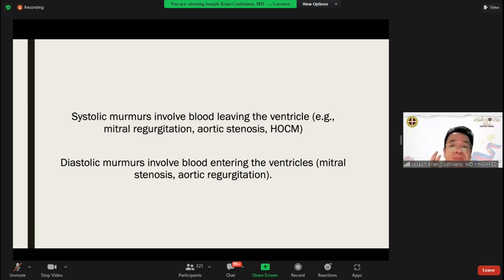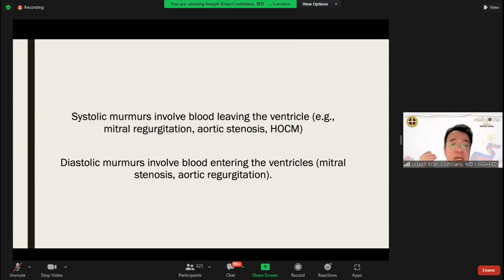So your systolic murmurs will occur when the blood begins to leave the ventricles. So, for example, in cases of mitral regurgitation, the murmur happens because your blood is supposed to be leaving from the ventricle, but then some of the blood will regurgitate back into the atria.